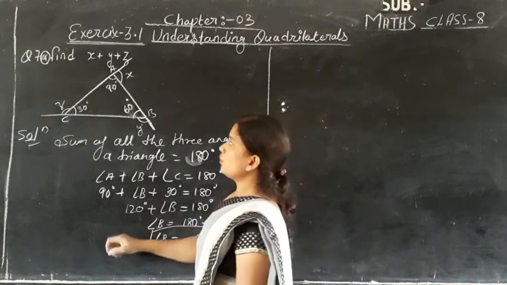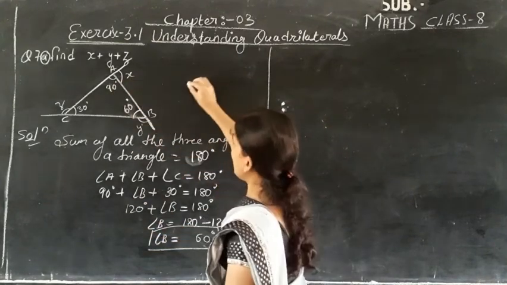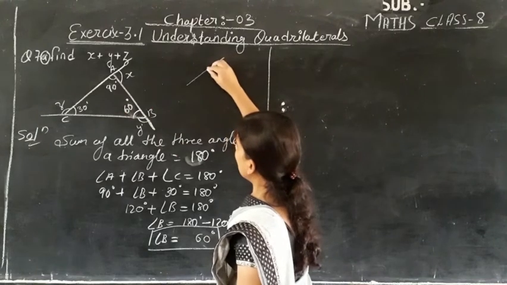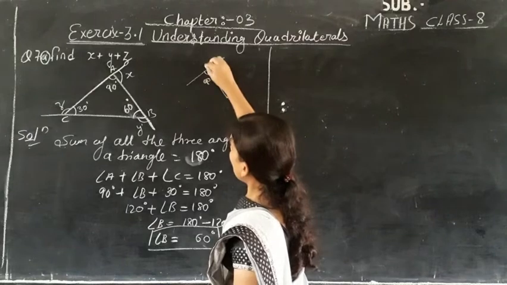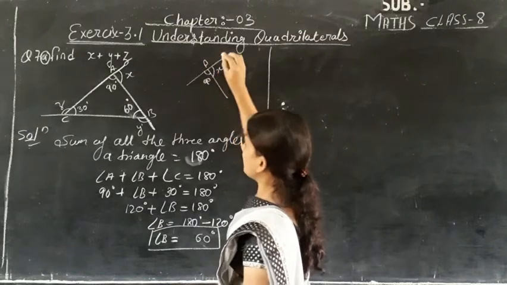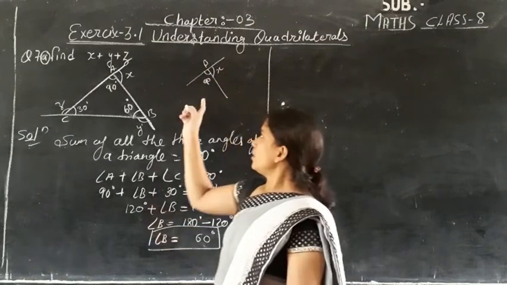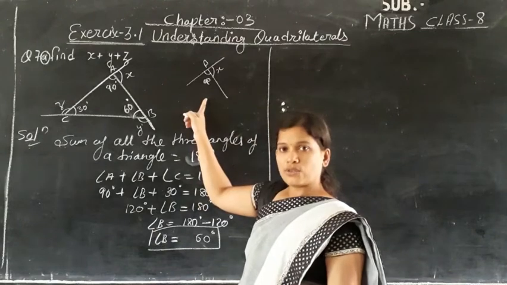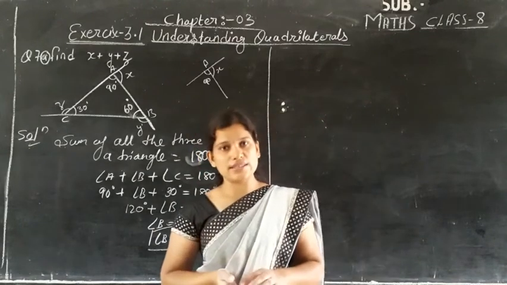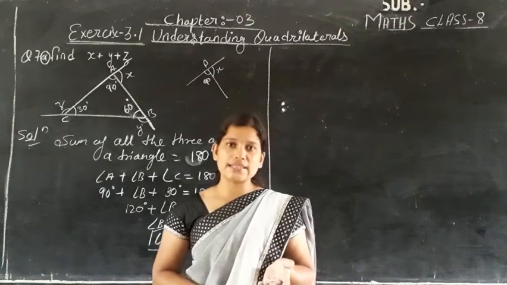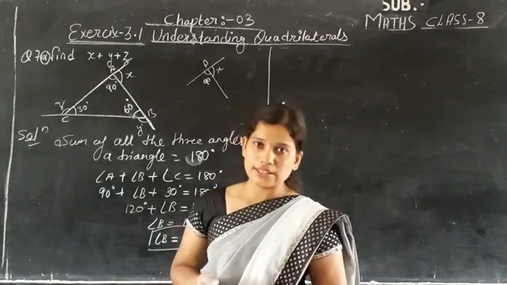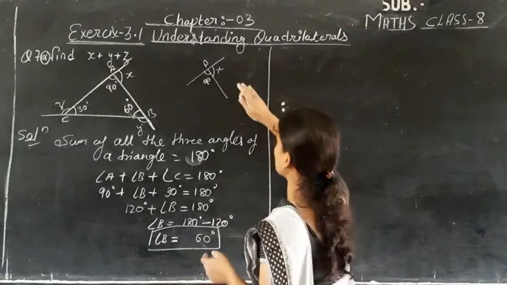Now what we are going to do? Look at this part. A straight line is there where an angle is made. Here this one is the 90 degree angle A and this one is x. So this one is a perpendicular line. The property of a perpendicular line says that it will be equal to 90 degrees. Or I can say that using the linear pair axiom, as we did in the previous question.